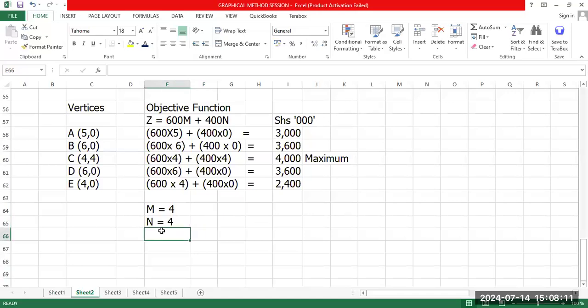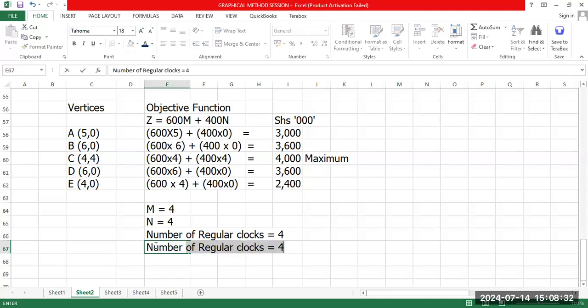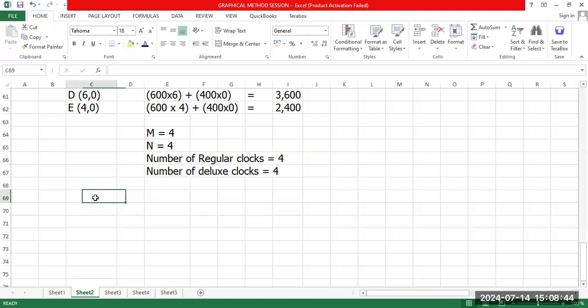So the number of regular clocks should be 4, and the number of X clocks should also be 4.